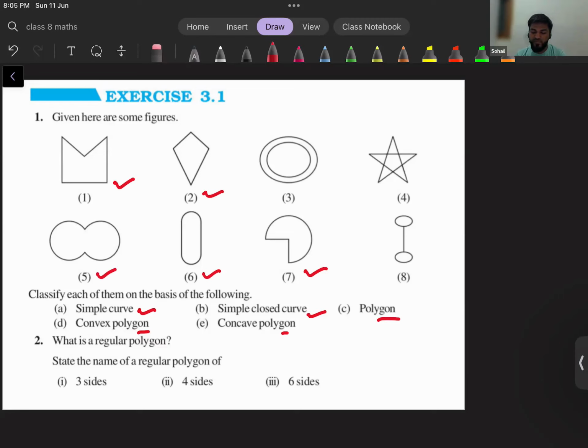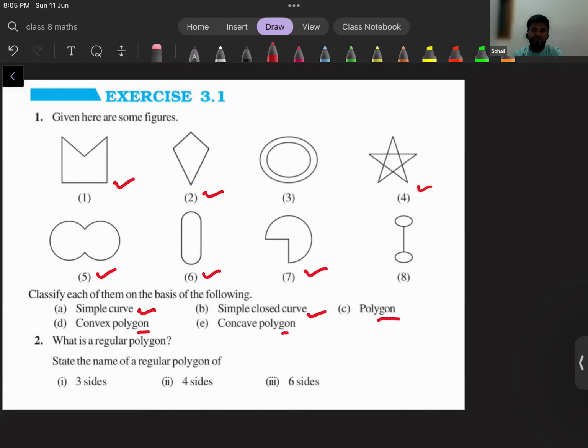What about simple closed curve? Sir, 1, 6 and 2. Okay. What about 4? Is it not a simple closed curve? You guys tell me, what do you understand by a simple closed curve? There are two types of closed curve.